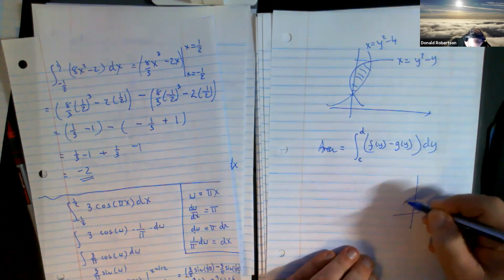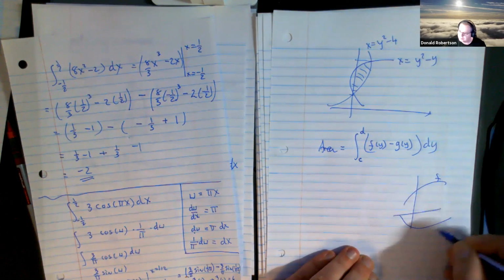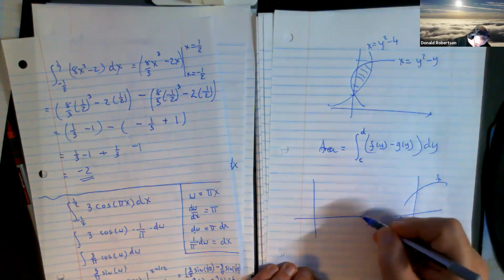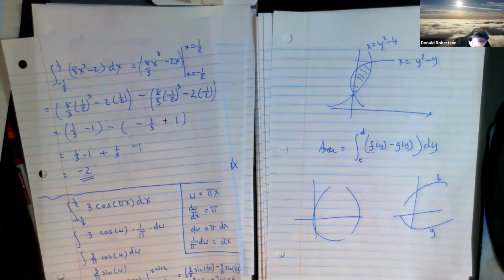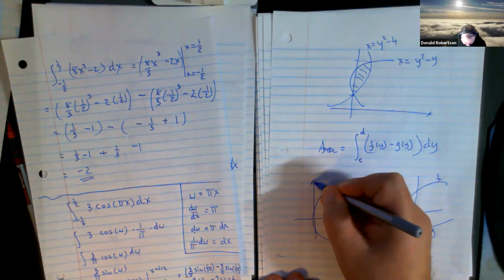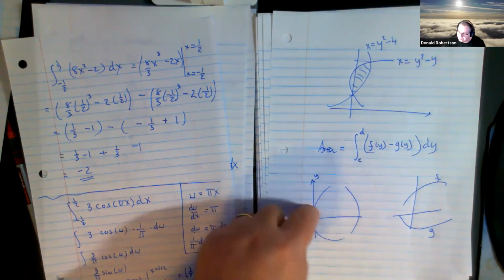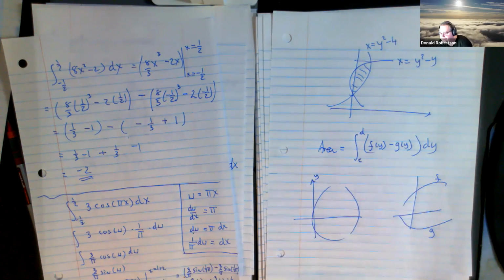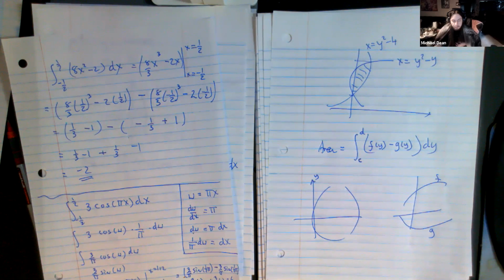When we did it today, wasn't f on the top and g on the bottom, right? When you do it with the y's, which is this way, which one of these two do you think is going to be the f? The right one? Correct.